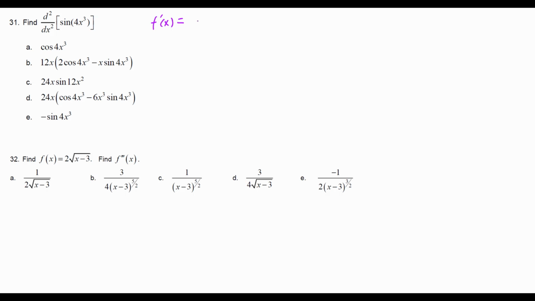So let's take the derivative of the outer function, and the derivative of the outer function is cosine. The inner function doesn't change, so it is cos(4x³) times, now we multiply by the derivative of the inner function, which is 12x². So my f prime of x is 12x² cos(4x³).